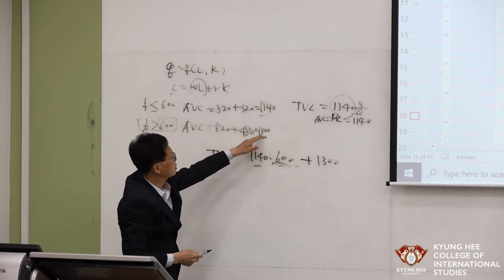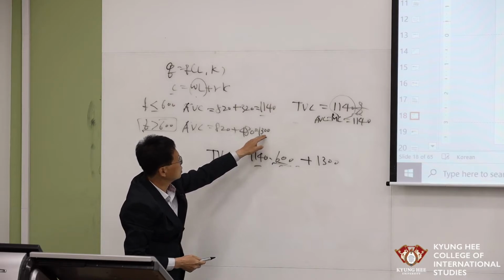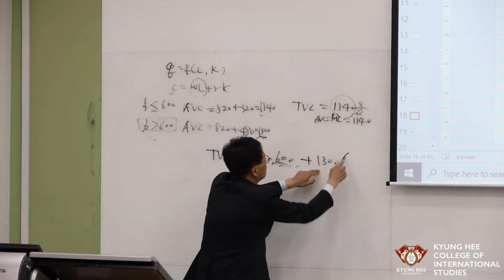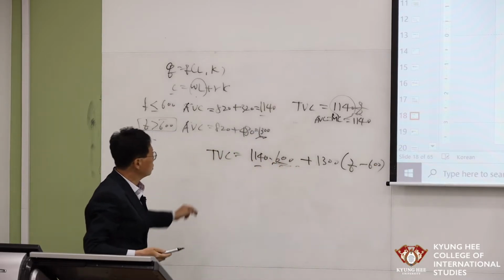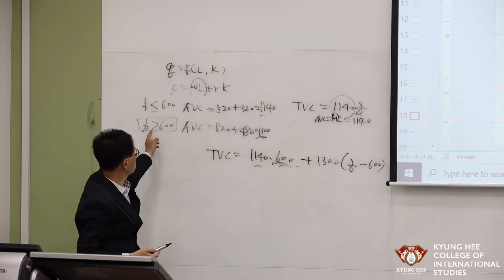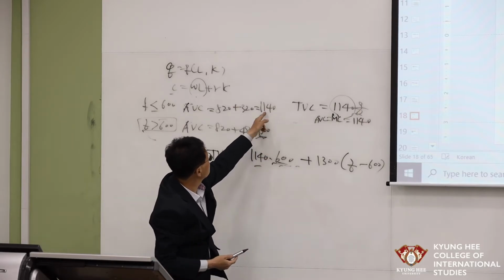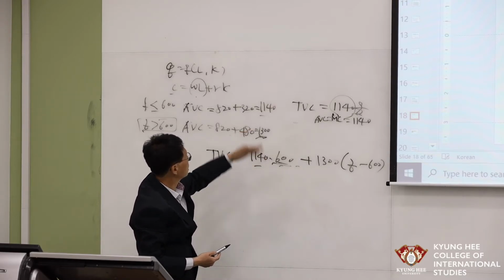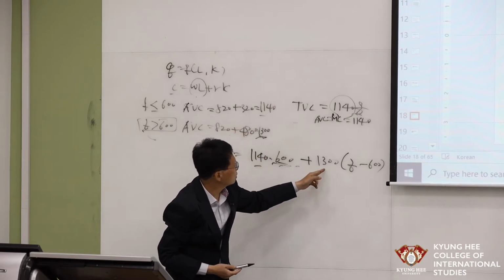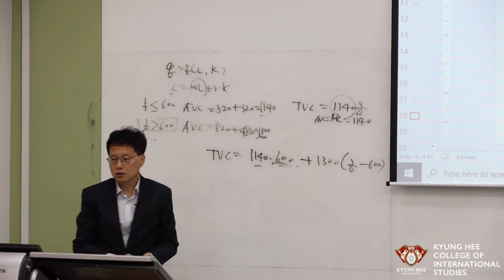When Q is higher than 600, average variable cost or marginal cost is this one, right? So this one is Q minus 600. That is total variable cost when Q greater than 600, right? Up to 600, this one multiplied by Q, plus Q greater than 600, marginal and average cost is this one, right?